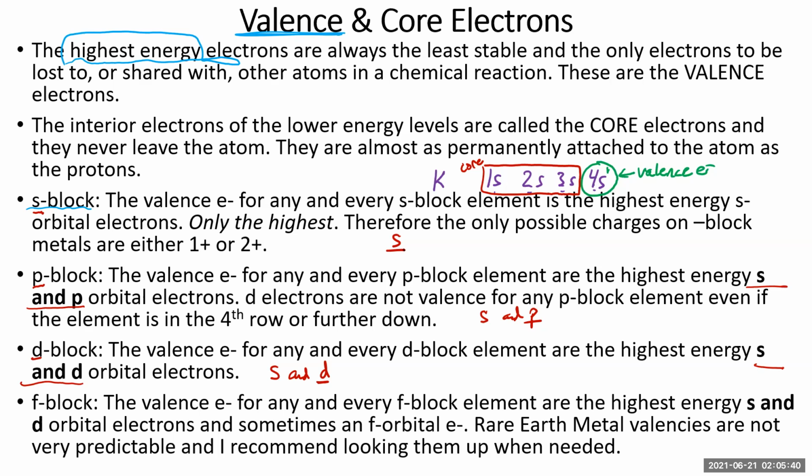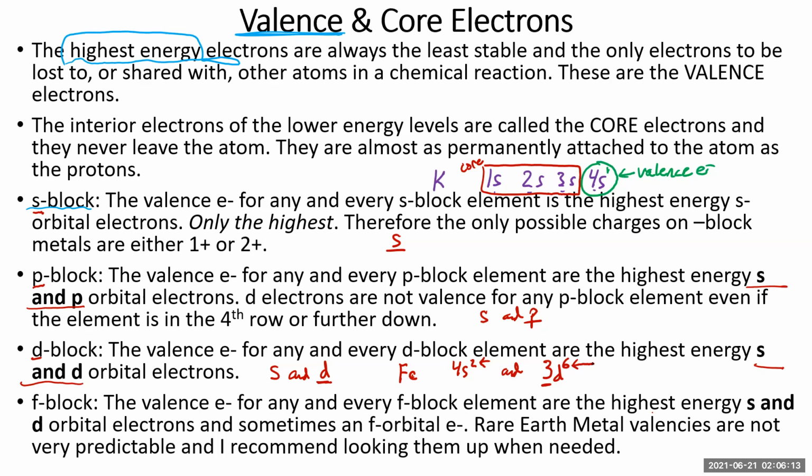Now, you might wonder, didn't you say earlier that d was a lower energy level? Yes, I did. So for example, for an element like iron, which is in the middle of the 4th row, it's a D block element. So its valence electrons are going to be the 4s electrons, the two electrons that are 4s2, the superscript here represents electrons, the 4s is the orbital, and the 3d6 valence electrons.